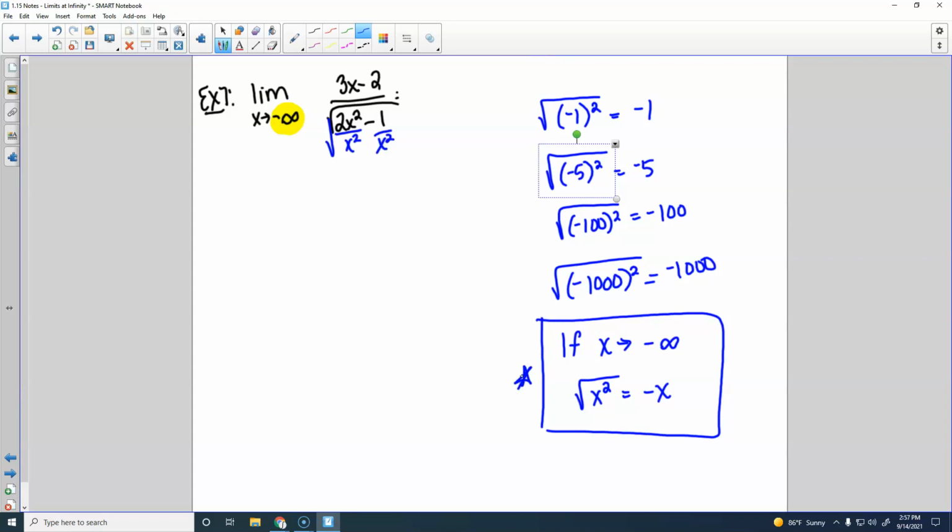So if you are approaching negative infinity, you're going to divide this by x squared like you have been doing. But up here, you've got to divide by negative x. Not negative x squared, just negative x. So the square and the square root still undo each other, but because these are negative values, we want a negative x there. So we get negative 3 plus 2 over x over the square root. Oh wait, because no, it's negative x. You're right.